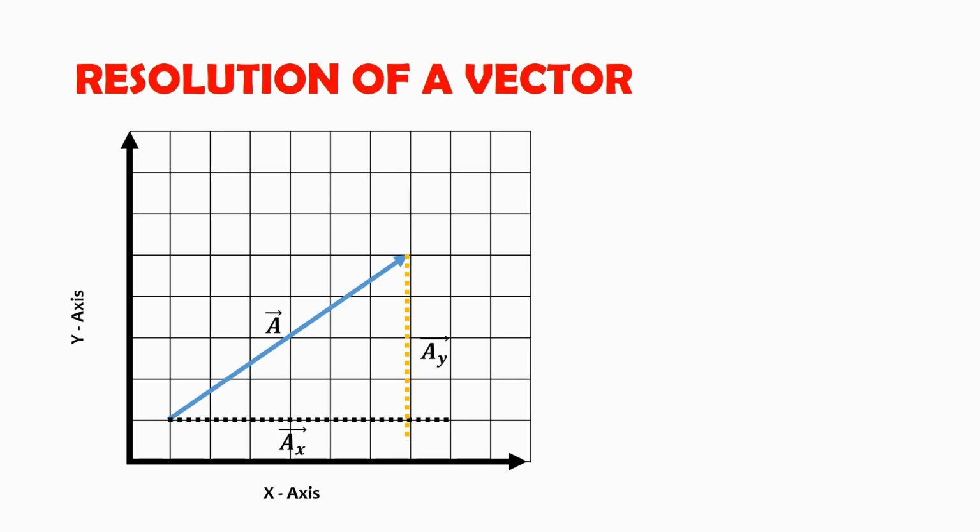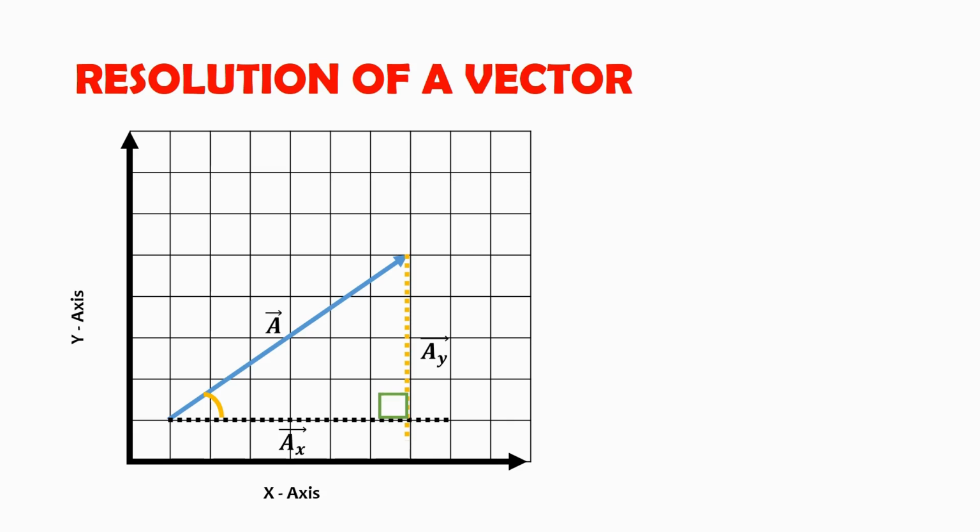And you can see this vector A is creating an angle with the x-axis, and that is going to be considered as theta. And on the other side, it is creating 90 degrees where the vectors AY and AX intersect each other. So it reflects that the triangle formed here is a right angle triangle.